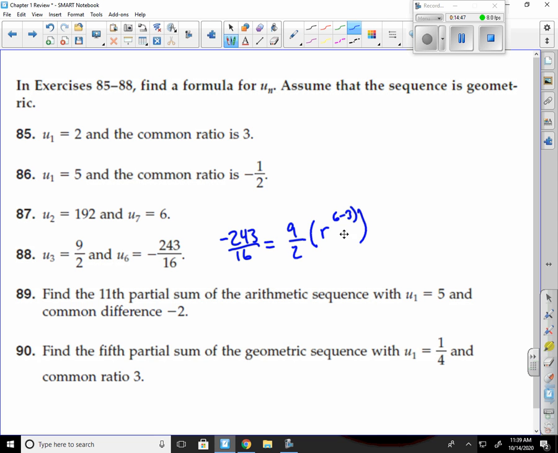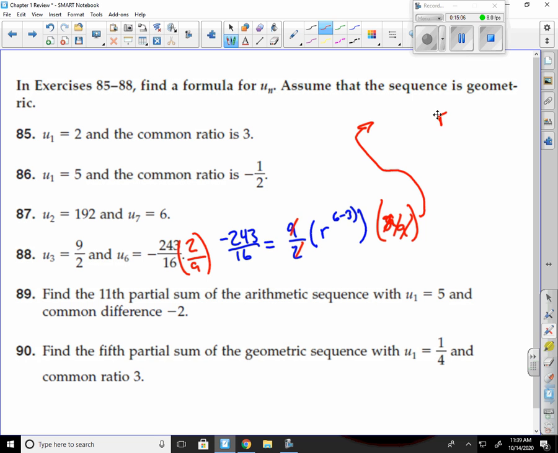In order to get rid of my 9 over 2, I have to multiply both sides by 2 over 9, sorry. That'll cancel all this out.